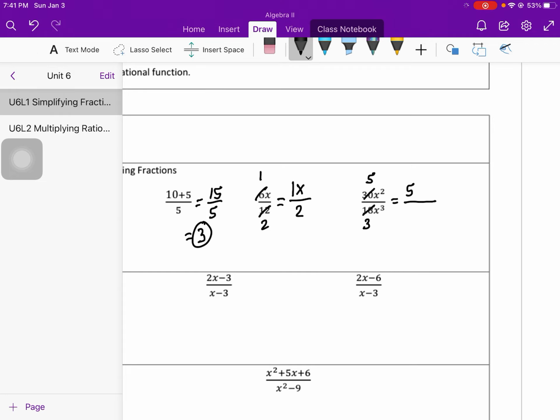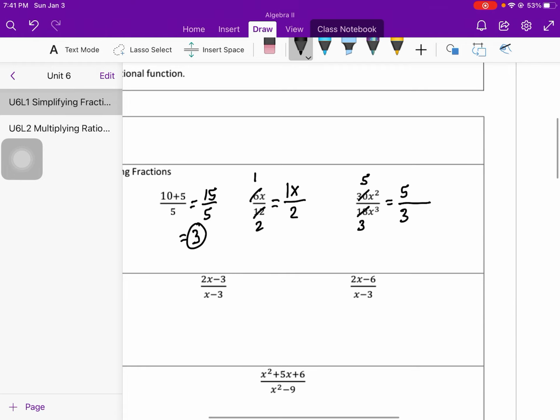So we're going to have a 5 and a 3, and now we have an x squared on the top and an x cubed on the bottom. Since we have more x's on the bottom, we're going to end our answer with x's on the bottom. Specifically, we have one more x, so what you could think of this as is just 2 minus 3, which would leave us with 1 on the bottom of the fraction.